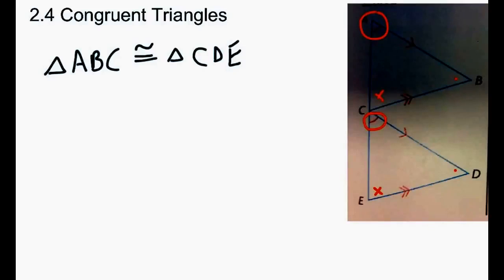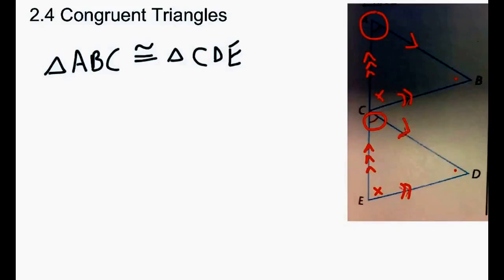Because they're congruent, all the angles are the same, but the sides are also the same. You can see one arrow for the top side, two arrows for the bottom ones, and we could use 3 arrows to show that that side has to be the same as well.